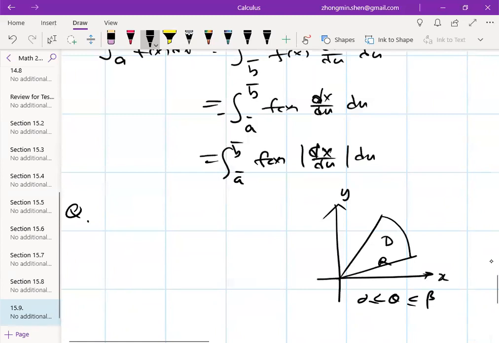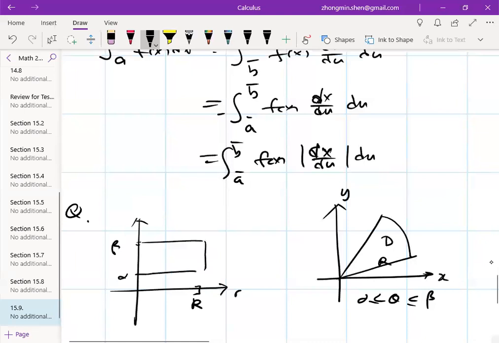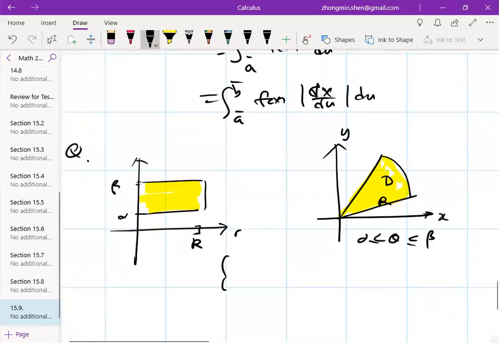So actually we can find the map. This is R, right? R is between 0 and the capital R, and this will be alpha, that is beta. That region is mapped from the center to here, using this map: x equals R cosine theta, y equals R sine theta.